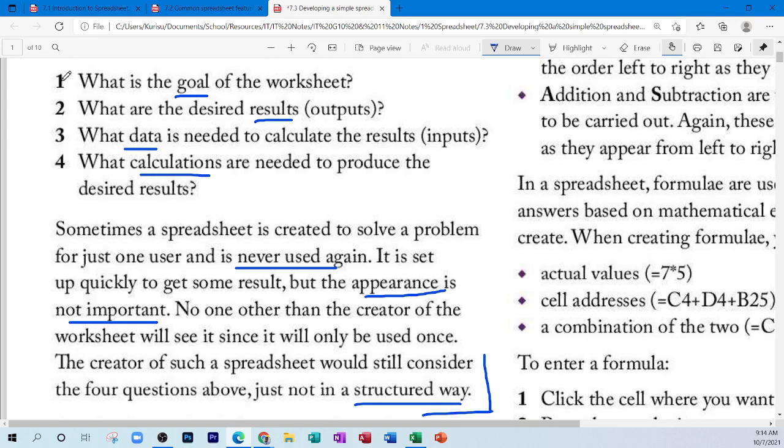You might not answer the questions one after each other because it's just for your personal use. So it doesn't really matter how you go about answering the questions. How you put in the data, the appearance, would not be important because it's for just your personal use. Joshua, you're unmuted.